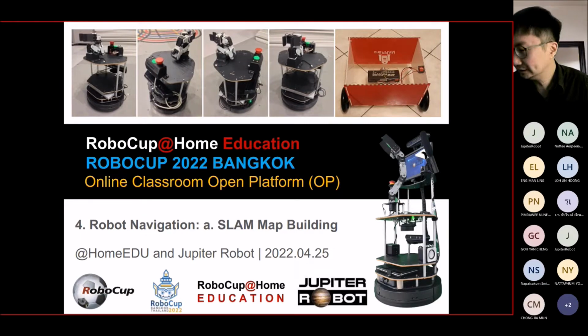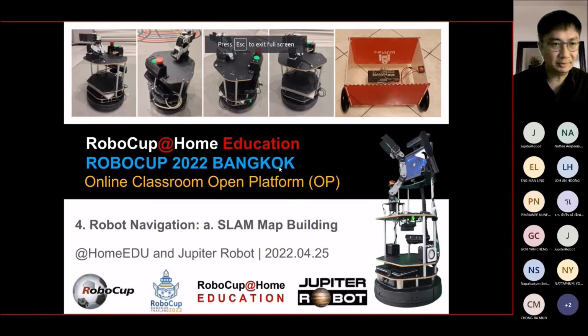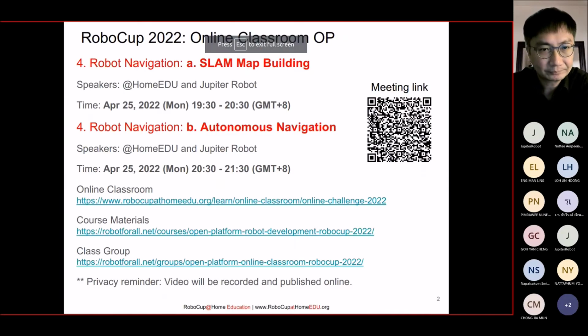Okay, so this is the arrangement for today. Similar to the previous week, we divided into two sessions. The first session, the first hour, we will talk about SLAM map building.